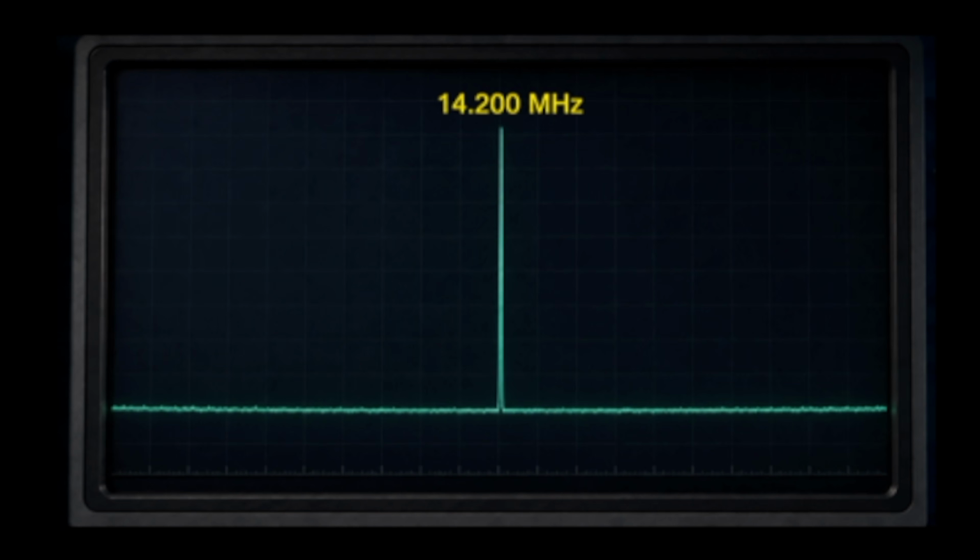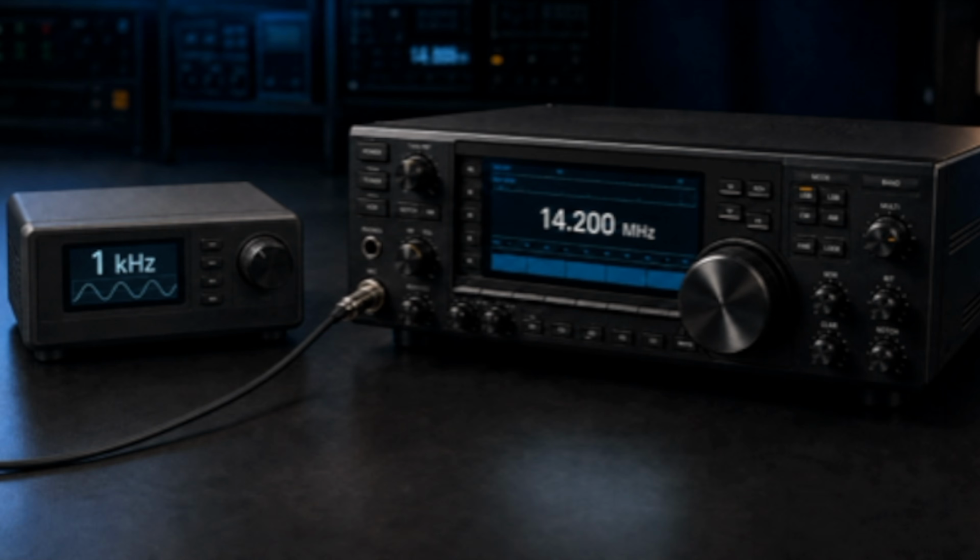No microphone, no voice, no modulation, just a pure radio frequency carrier. Now let's make one small change. Instead of speaking into the microphone, let's inject a single 1 kHz audio tone.